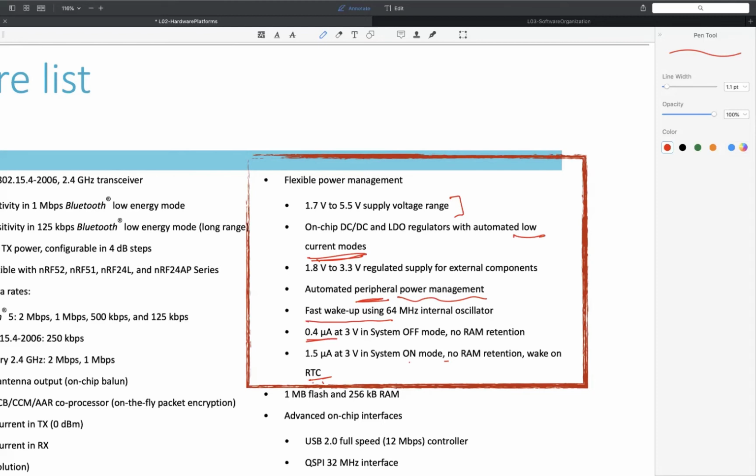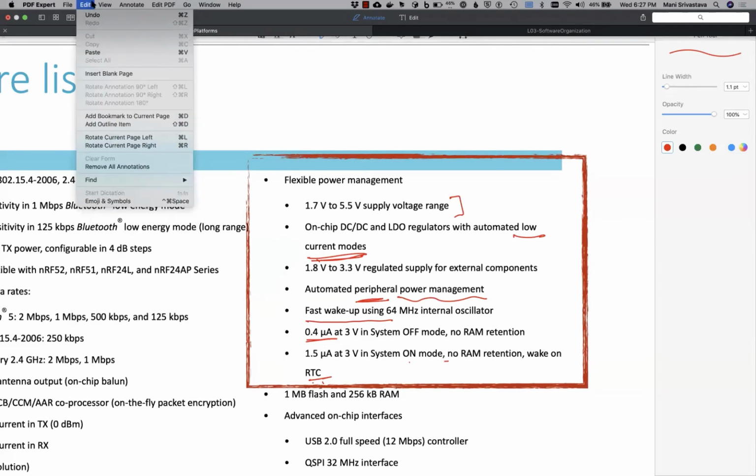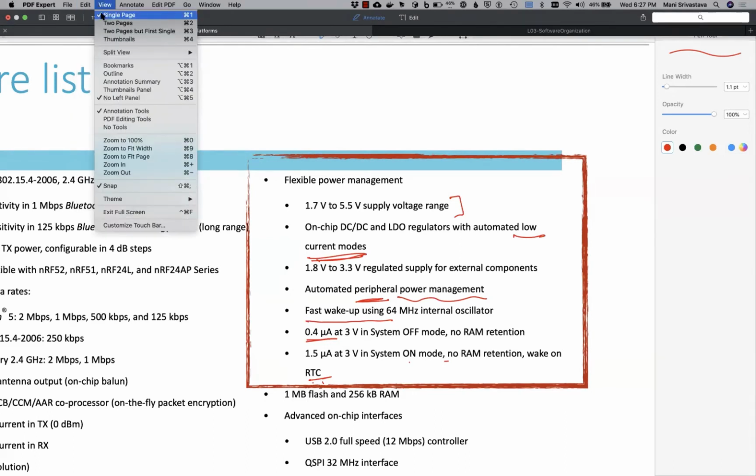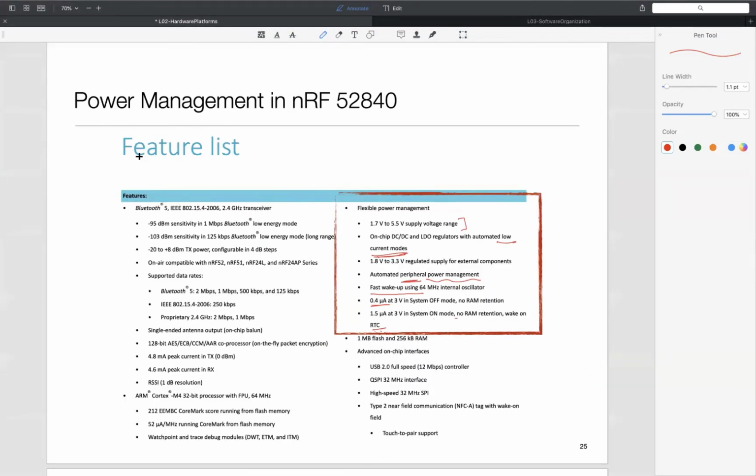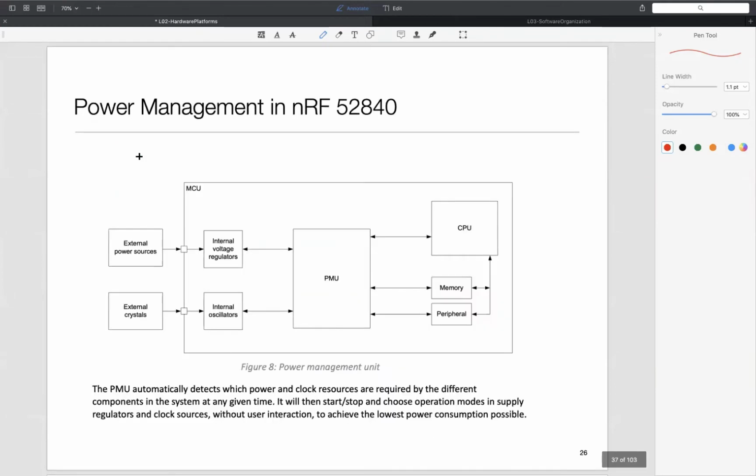This is just an example. You'll find that embedded processors tend to have a pretty rich variety of modes. And in fact, this is just a glimpse. Under the hood, what happens in this processor is that there is this thing called the PMU, Power Management Unit.